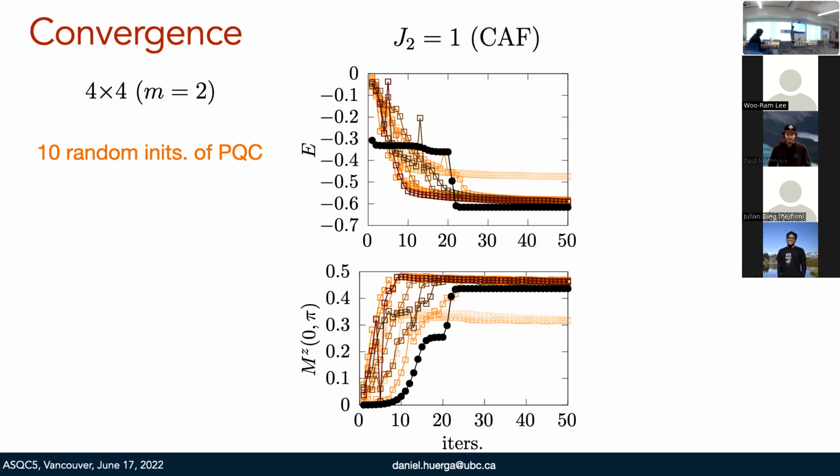And upon computing the magnetization with wave vector (0, pi), which signals the columnar antiferromagnet, we see that the onset of this magnetization, which is carried out by the mean fields, is pushing the convergence of the algorithm, and that the suboptimal minima correspond to suboptimal magnetization. I would like to stress that this convergence is for J2 equal to 1.